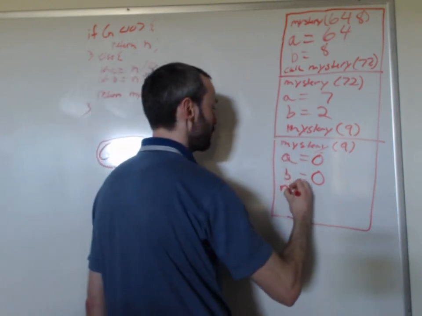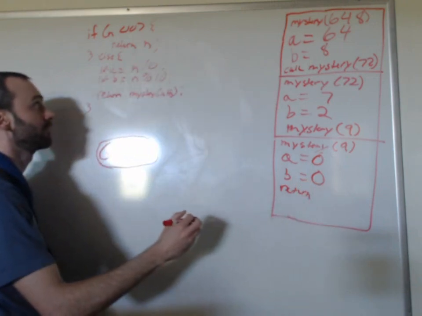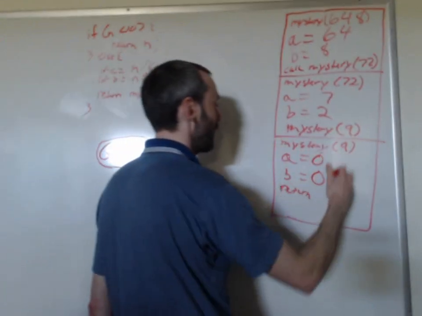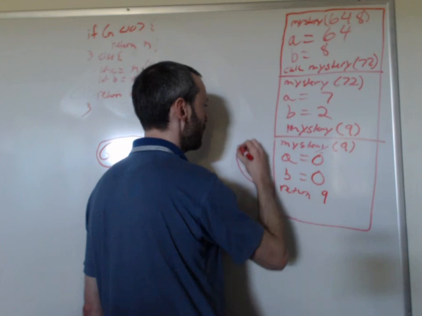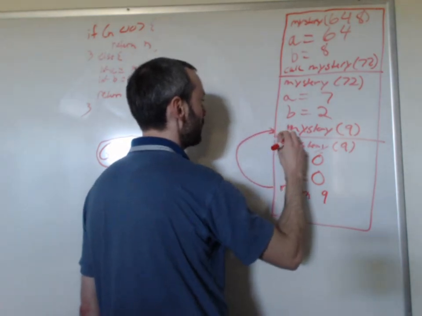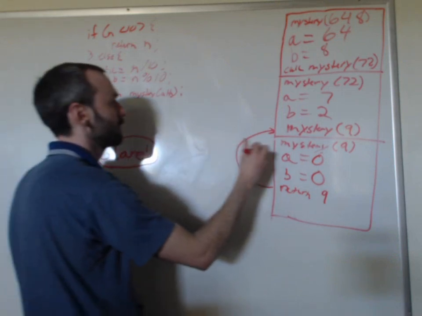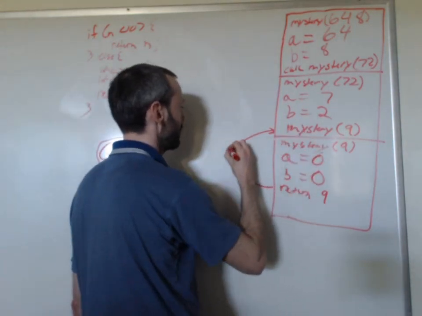And we would know to return, what are we going to return? 9. So return 9 back up to here, and then we know we're returning the mystery of a plus b, so it's going to return 9. We're going to put 9 right here.